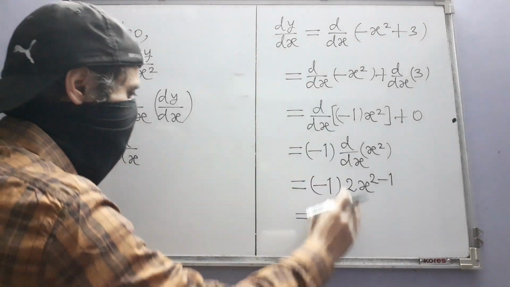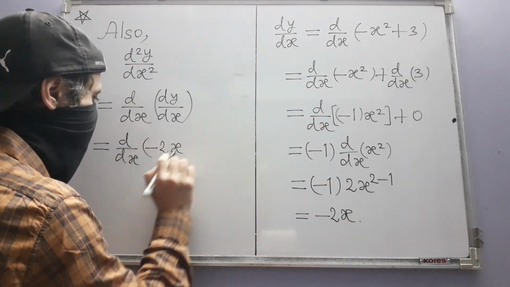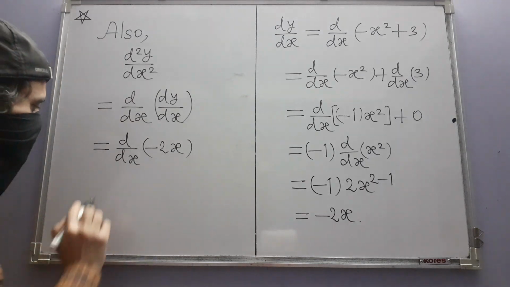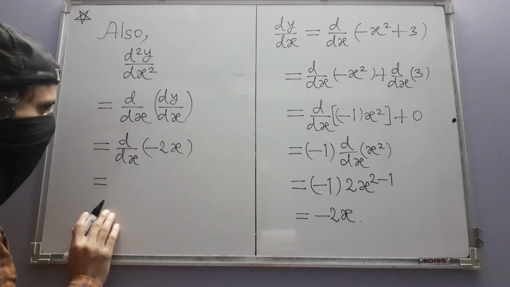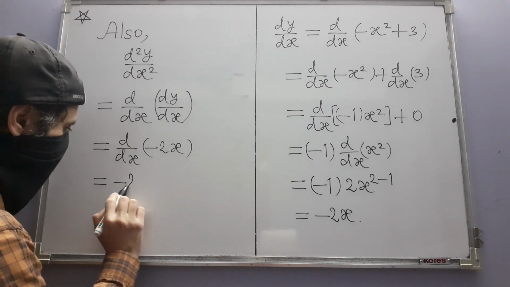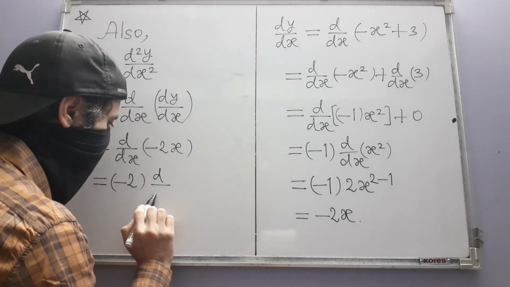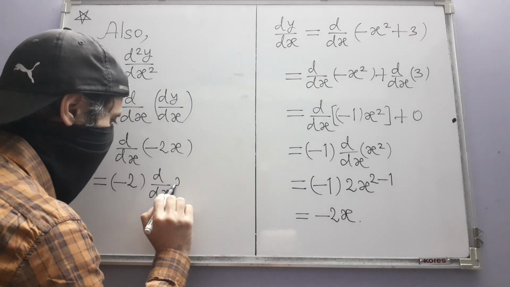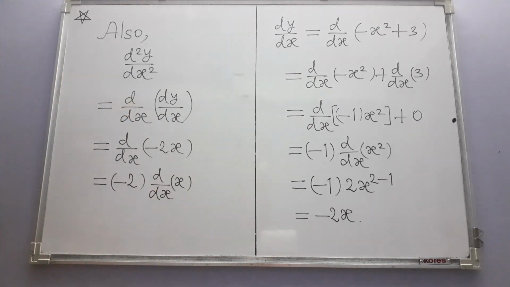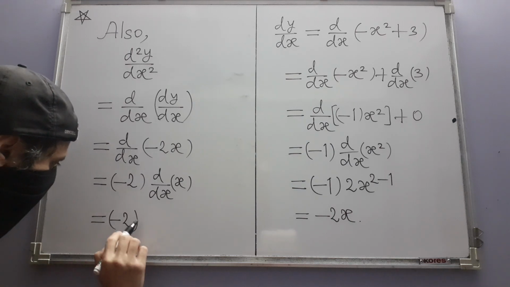So what is this? Minus 2x. Minus 2x is minus 2 times x. So again, just like this step, the constant comes outside. And then you are again using the power rule.